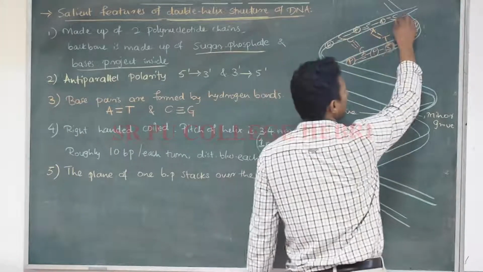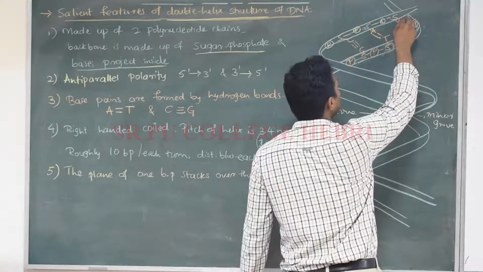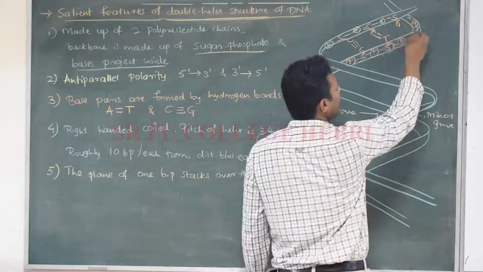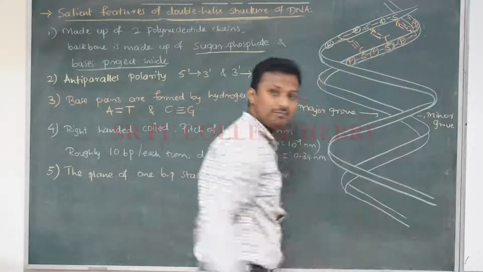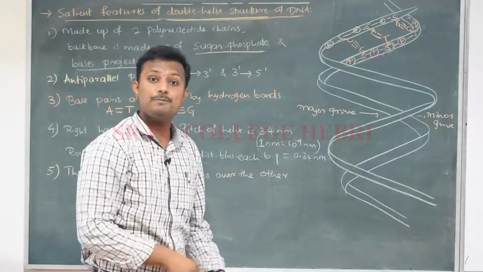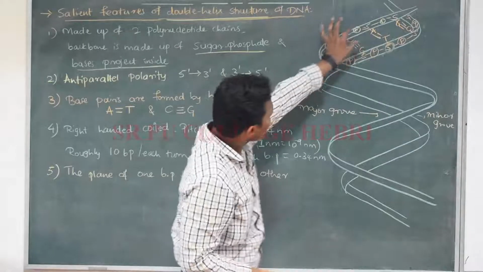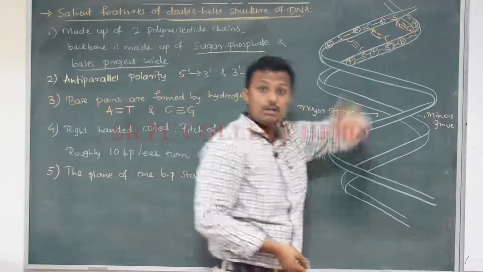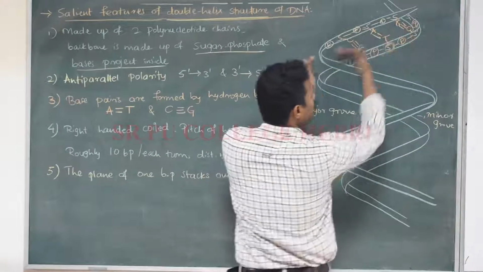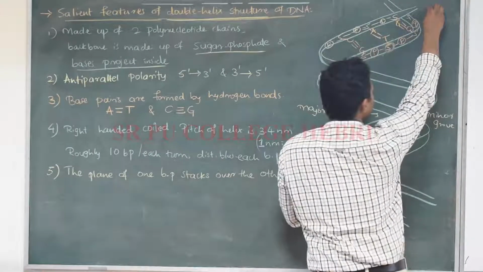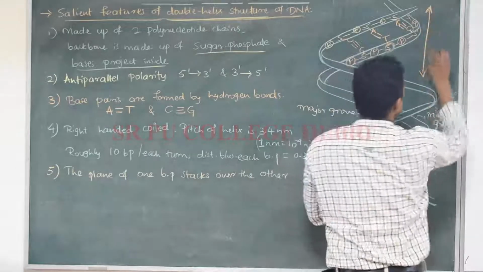Similarly, if I take guanine here, it should come along with the C with a triple hydrogen bond. So like that, how many base pairs will be there? See, this is one base pair, this is one base pair, this is one base pair. So in one turn, this is one entire turn. So what do we call this? This is called one pitch.